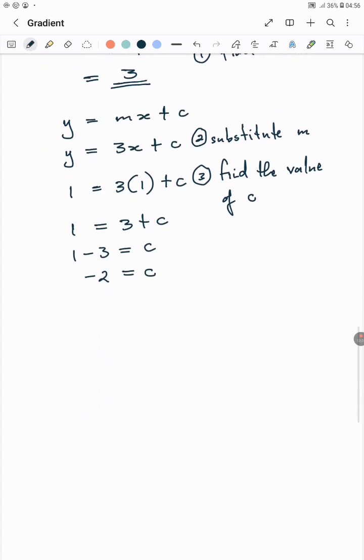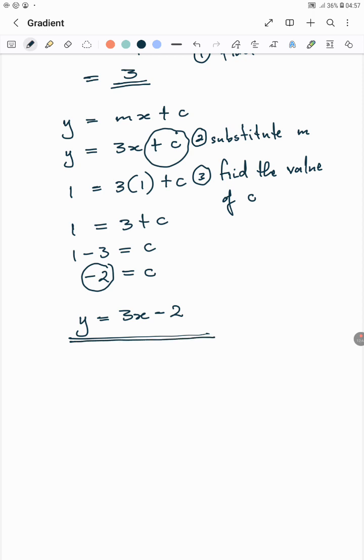And now our equation will look like this. y is equal to 3x, and our c here is equal to minus 2. So our equation for this line will look like this: y is equal to 3x minus 2.